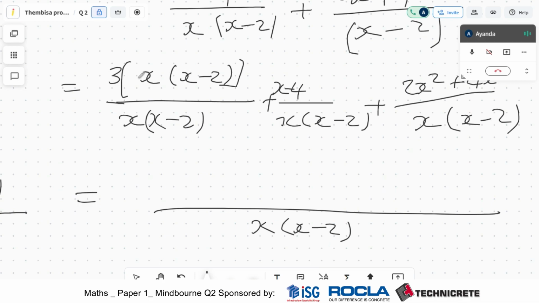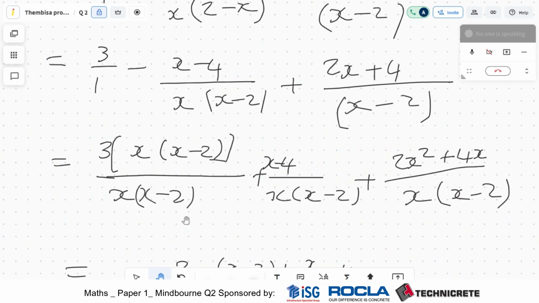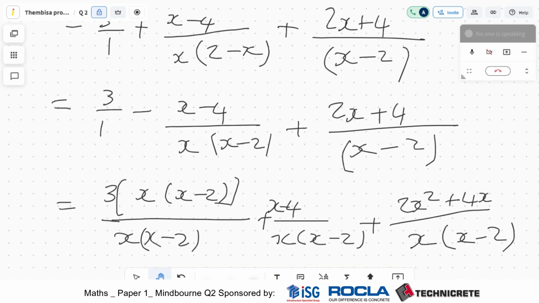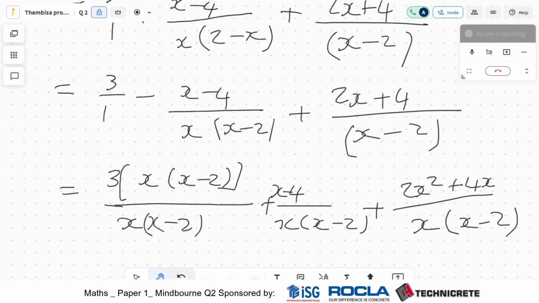And now we'd have 3 times x times x minus 2. So we'd have 3x times x minus 2 plus x minus 4. So I forgot that we changed our sign earlier here.